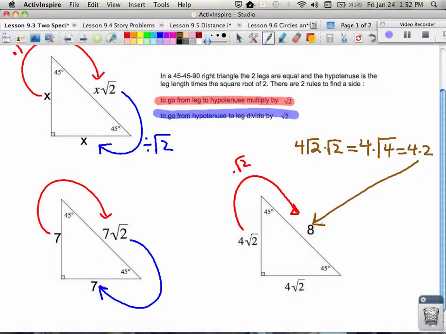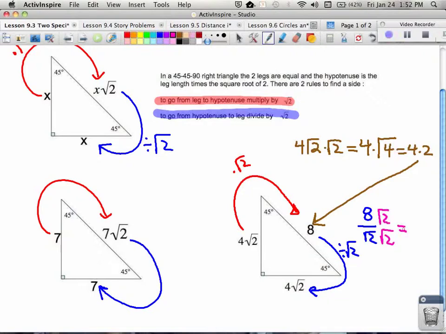Also, if you were looking at going from the hypotenuse to the leg, and you know that you're dividing by the square root of 2, 8 divided by the square root of 2, we would have to do something called rationalizing. Rationalizing means you have to multiply the denominator and the numerator by the square root of 2.